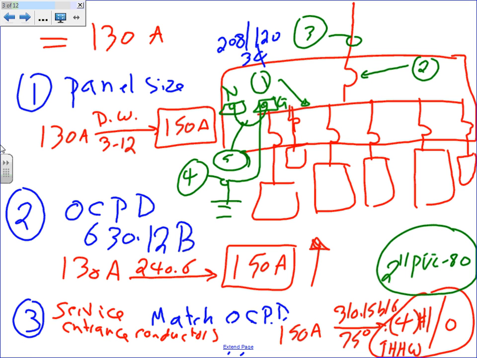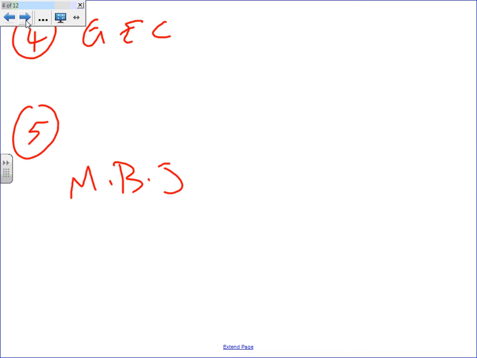Okay, let's go find the second one: grounding electrode conductor. We did that yesterday. We size it based on the 1/0, and the table you're going to go to is 250.66.